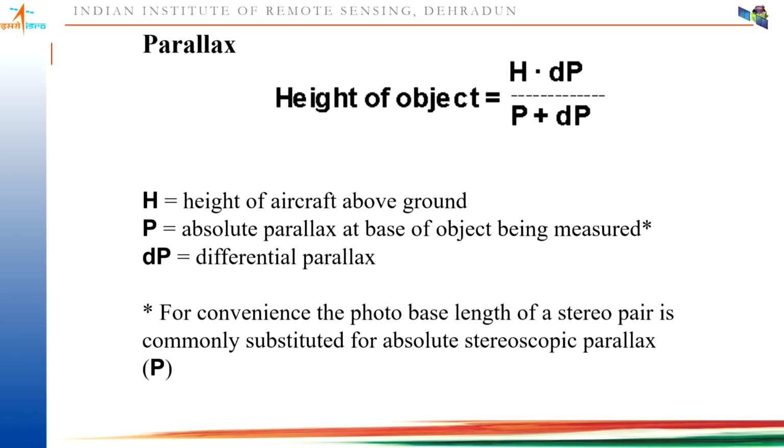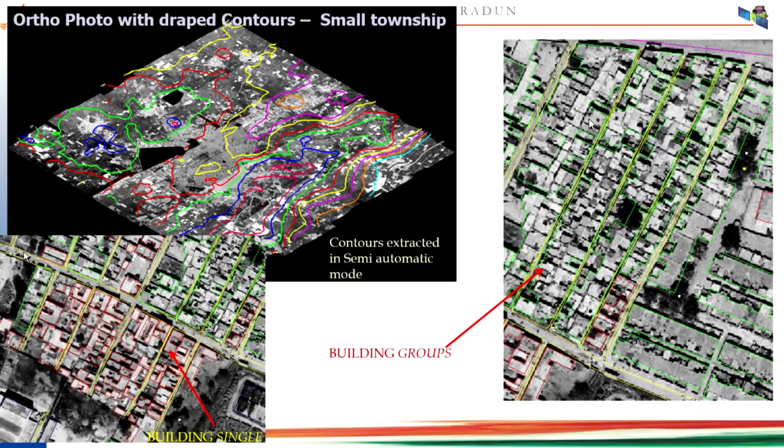Capital H is the height of the aircraft above the ground, capital P is the absolute parallax at the base of the object being measured, dP is the differential parallax. So height equals H multiplied by differential parallax divided by absolute parallax plus differential parallax. For convenience, the photo base length of the stereo pair is substituted for absolute stereoscopic parallax. We are not going into all the details.